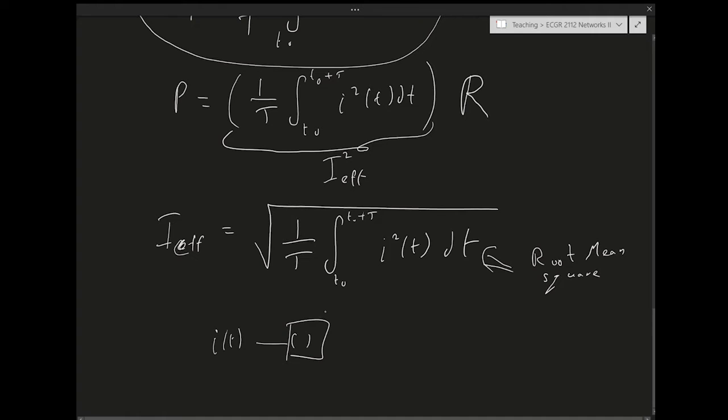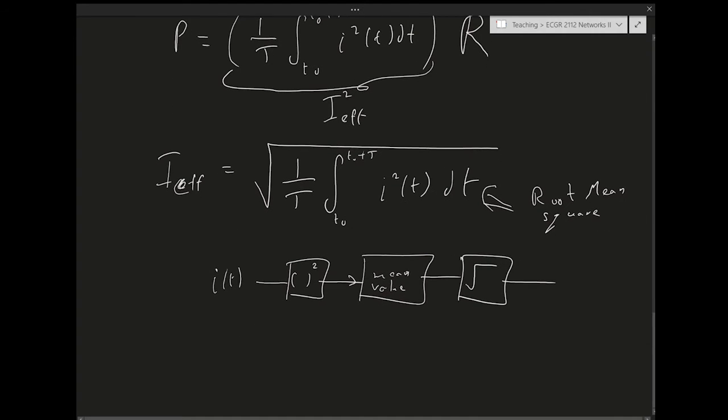We're squaring it first, then we're taking the mean value, and then we're taking the square root. Three steps. That's why we call it root mean square. And a much more common term used to describe effective currents and voltages is root mean square. So we mostly don't say I effective.